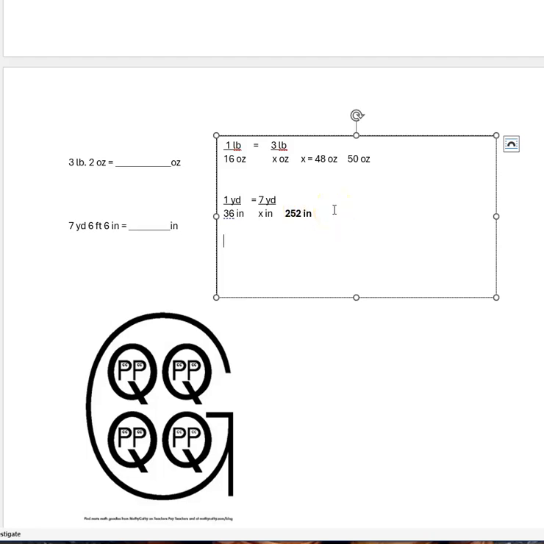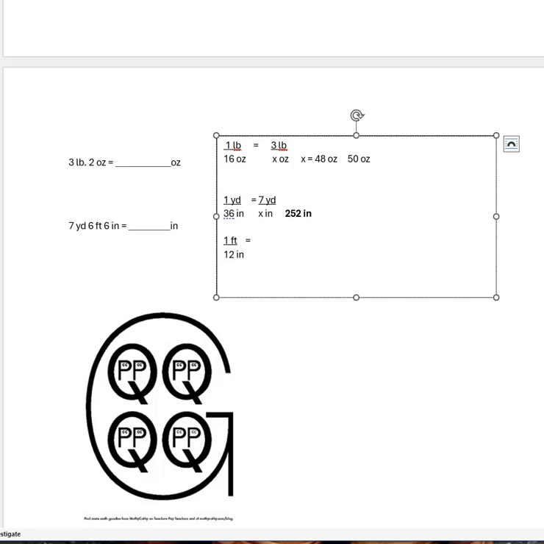Okay, now we'll have to change the feet to inches. I know 1 foot equals 12 inches. I thought about that for a second. So I'll do my equals.